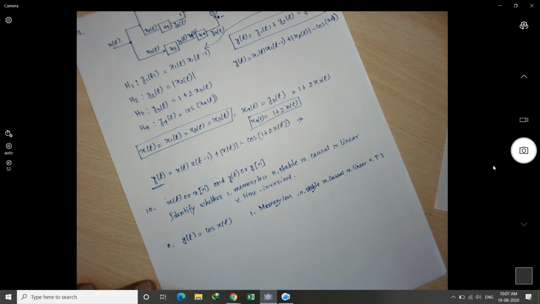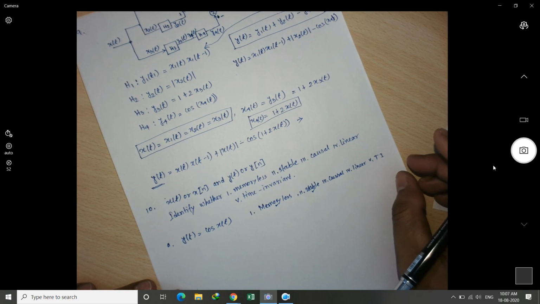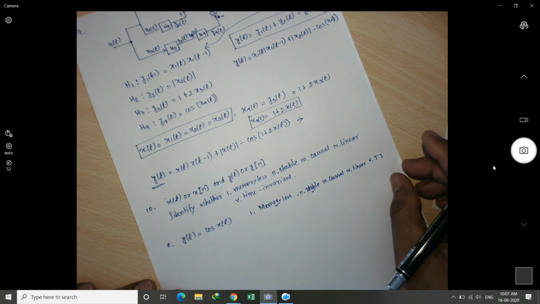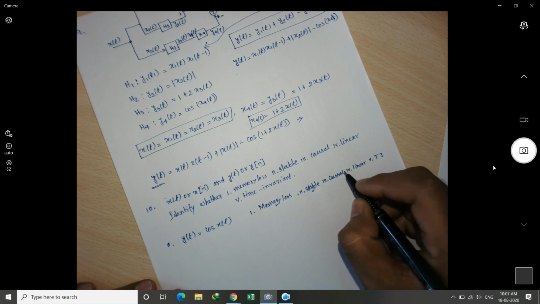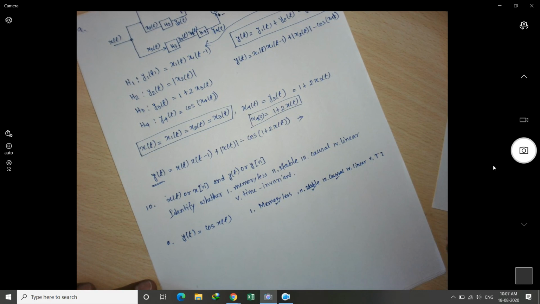Causal, so causal means present and past, doesn't depend upon any future values. Linear. Sir, but it is not depending upon past values. How can we see this concept? So it is depending upon past or present.